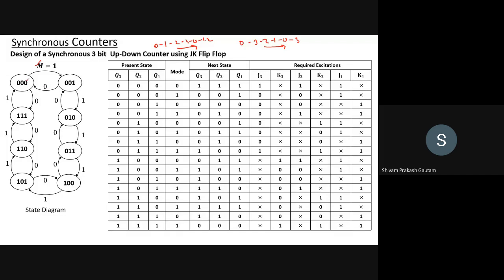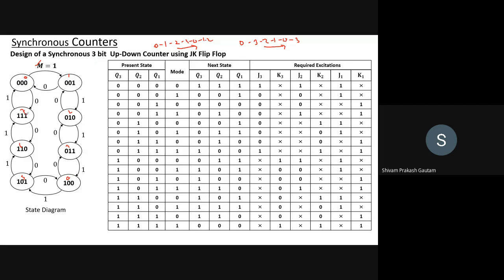So you can see this state is representing 0 state, and this state is representing 1 state, and write 0, 1, 2, 3, 4, 5, 6, and 7, and then again back to 0. Since this is 3-bit, the maximum possible value that you can reach in 3-bit is 7 or 111.